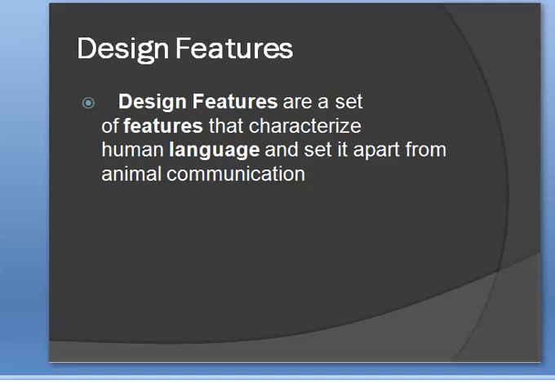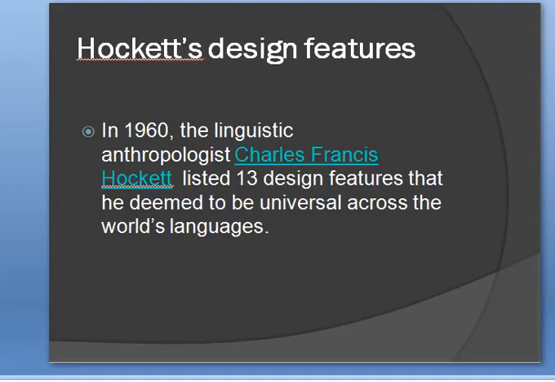Now let us see Hockett's design features. What does Hockett mean? Charles Francis Hockett was basically a linguist, an anthropologist. So in 1960, he had listed 13 design features, right? 13 design features he had given in 1960.